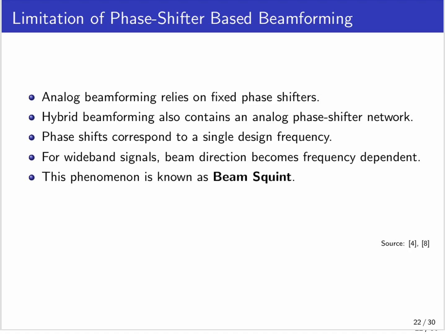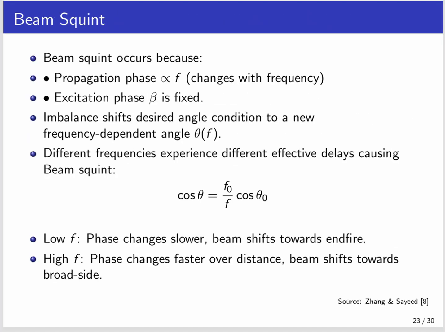This frequency dependence is the one which is causing a phenomenon called beam squint. Now, what exactly is this beam squint, and when does it occur? We know that the propagation phase depends on the frequency of the signal which we are radiating, but our excitation phase beta, which we are giving to the phase shifter, is fixed.